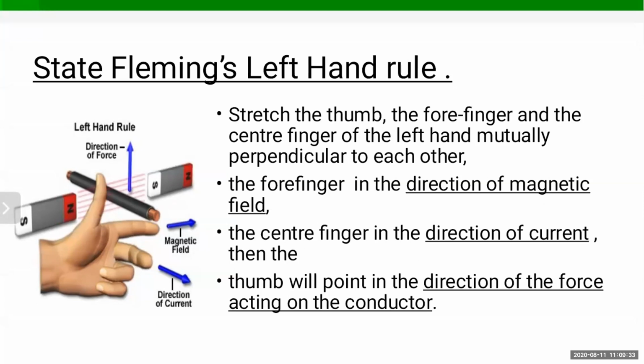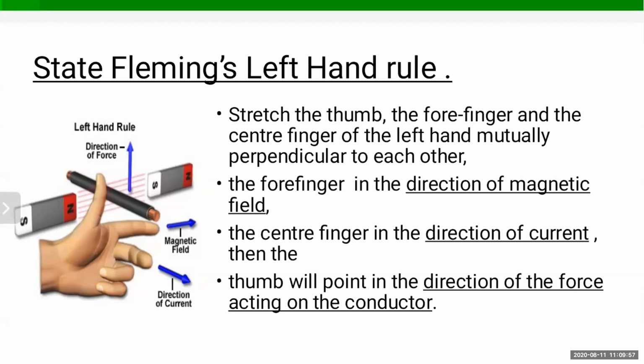If the index finger is in the direction of the magnetic field, and the middle finger, okay, forefinger means index finger. It shows the direction of the magnetic field.